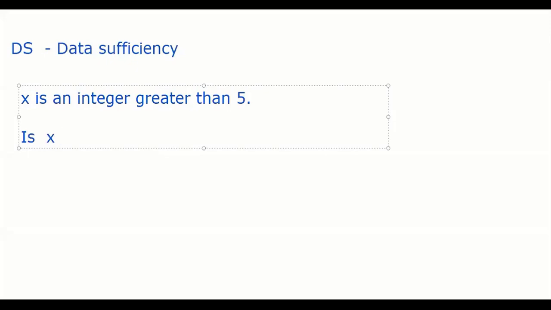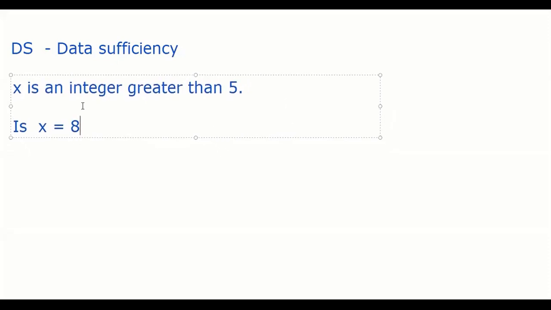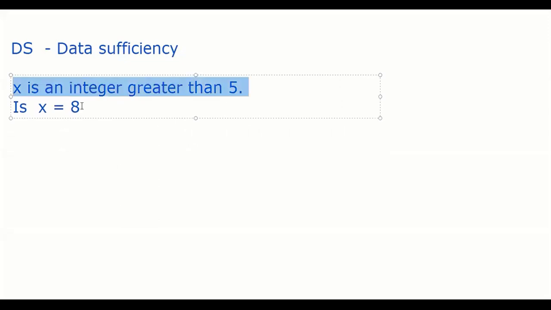Is X equal to 8? That is how a data sufficiency question looks. This is what we know as the data. This data is given, and a question is asked with the information given.